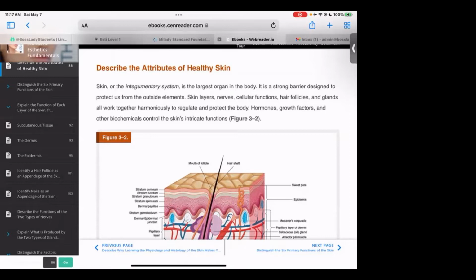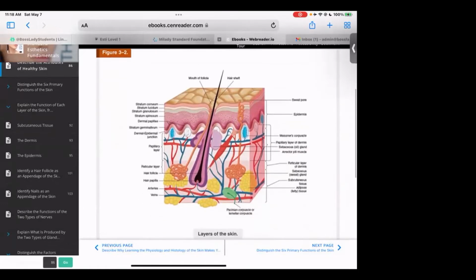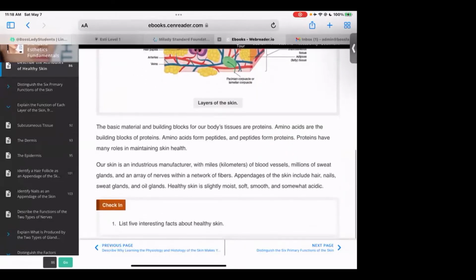So it's important to understand that although the beauty of the skin is a factor that brings us our clients, the skin has a much larger role to play in our overall health. If you can respect that, understand how that works, you'll be good to go.